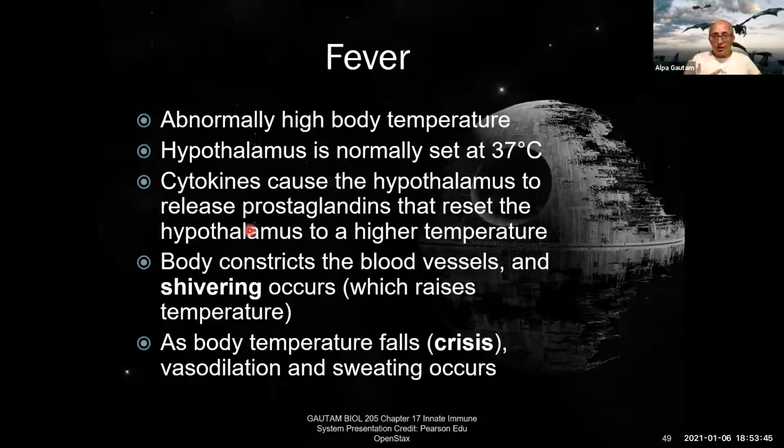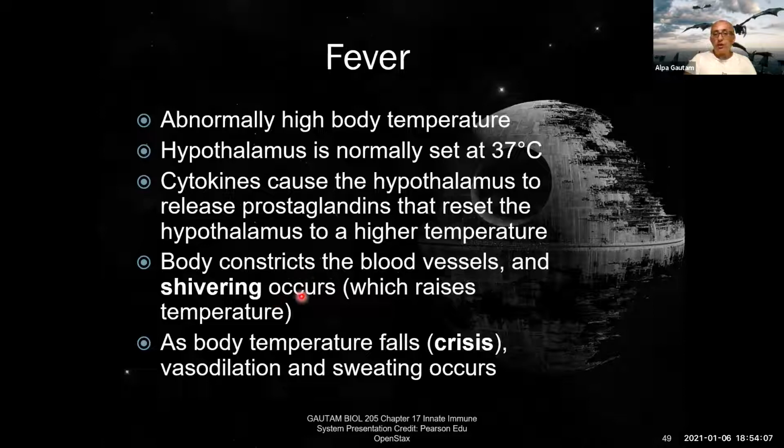So cytokines are going to travel. So it's pretty smart, right? The same chemical that's released because of an infection is the same chemical that resets the range of normal body temperature within the hypothalamus. What the body does is it constricts blood vessels, and shivering occurs, right?